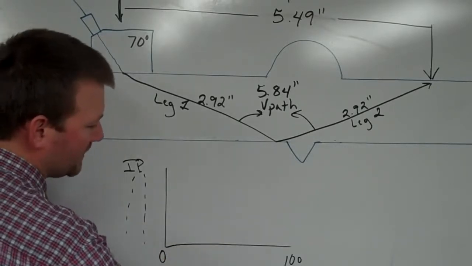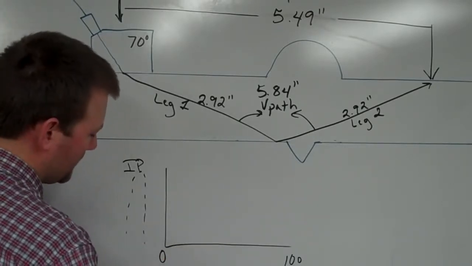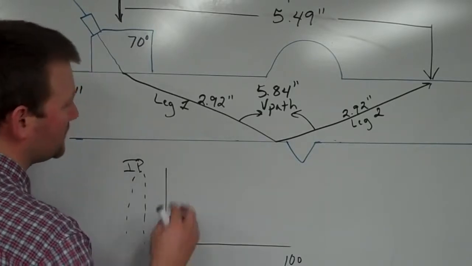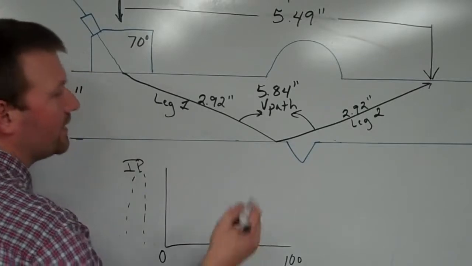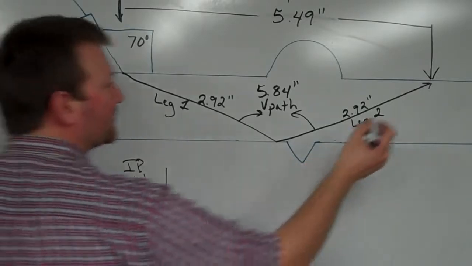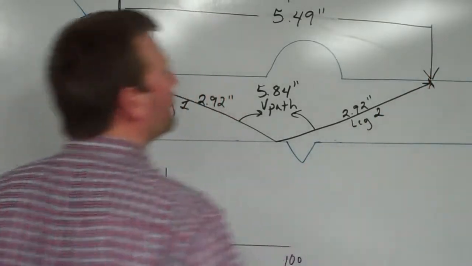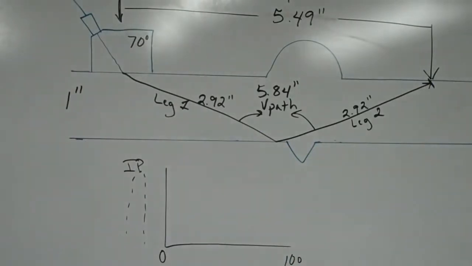And then out here, if this is a 10-inch screen, this represents 0 inches, this represents 10 inches. A V-path of 5.84 would be somewhere over here if there was a reflector right on the surface. I'm saying reflector instead of defect because you don't know if it's a defect yet.